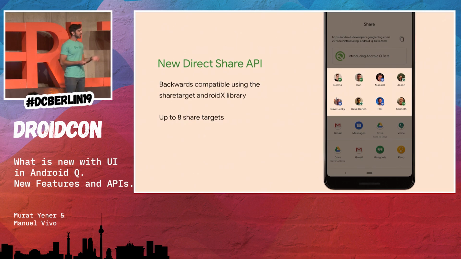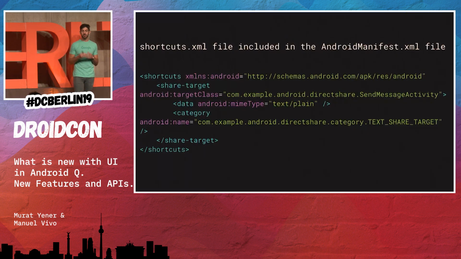OK, so I'm going to tell you how you can have your app being there and implement direct share for your app, so your sharing shortcuts are eligible to appear on the share sheet. The first thing is that you have to define a share target. And this is usually done in the shortcuts XML file, the same place where you would define your static shortcuts. And that's included in the Android manifest file.